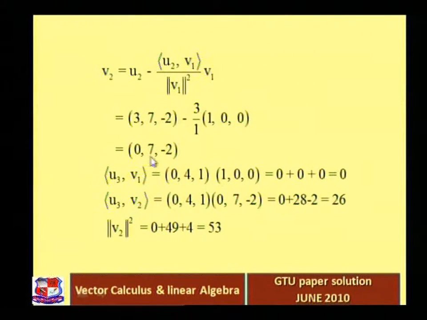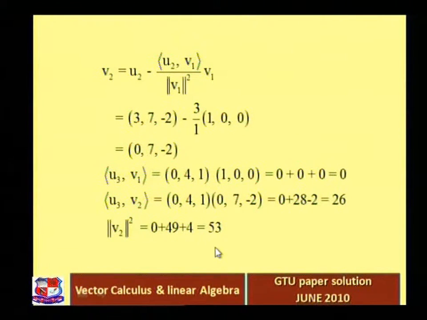So finally you will get 0, 3 minus 3 is 0, then 7 minus 0 is 7, then minus 2 minus 0 is minus 2, so 0 7 minus 2, that is our v2.